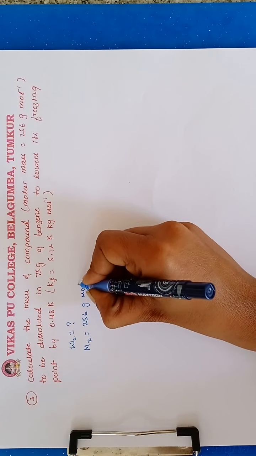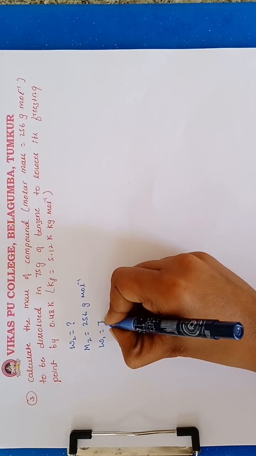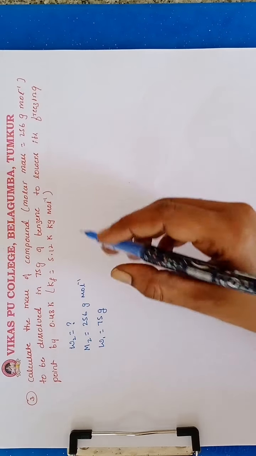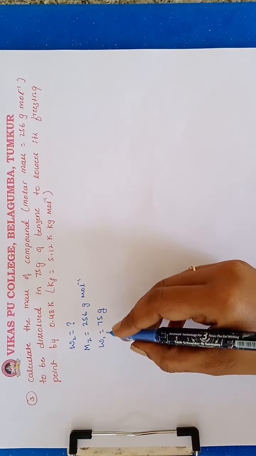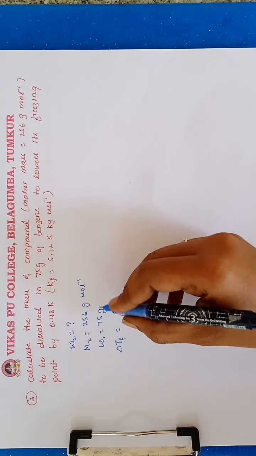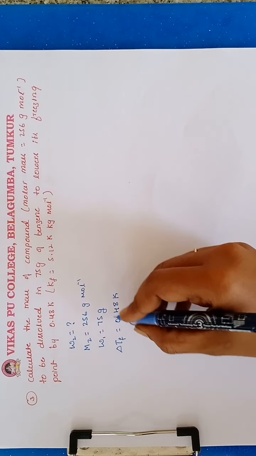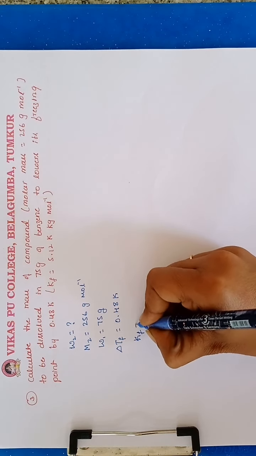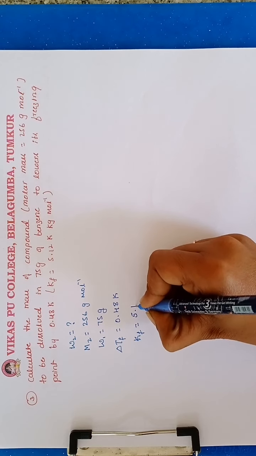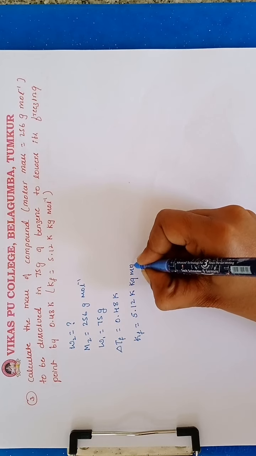W1 is 75 gram. It lowers the freezing point by 0.48 Kelvin, so delta Tf, the depression of freezing point, is 0.48 Kelvin. Kf is 5.12 Kelvin kg per mole.